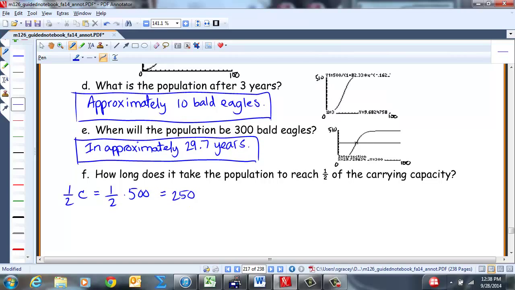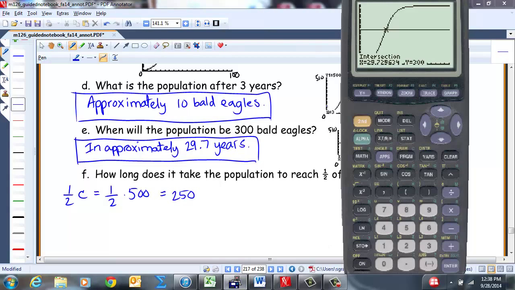Awesome, it's going to give us the inflection point. So let's do it. We're going to do y2, this time 250.